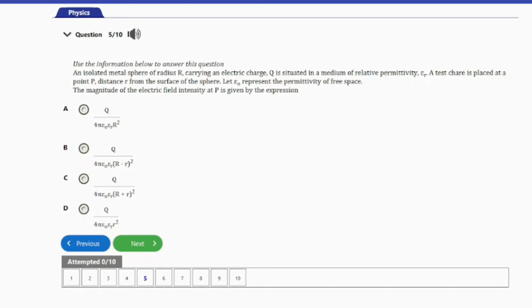Then D, Q over 4 pi epsilon naught epsilon r r squared. So guys, the answer to this question is option A, and that's Q over 4 pi epsilon naught epsilon r times the capital R squared, where the capital R is the radius of the isolated metal sphere. So that's it for this question, guys. Let's go ahead and consider the next question.